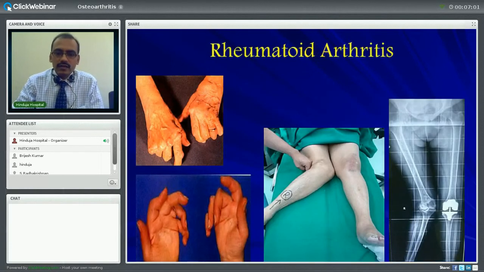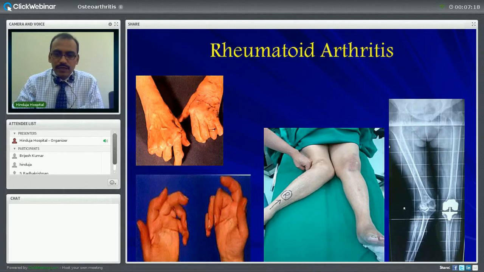Other types of arthritis, like rheumatoid arthritis, are totally different from osteoarthritis, which is age-related arthritis. Rheumatoid arthritis is a condition where you get multiple joint involvement with multiple deformities of the hand and foot.